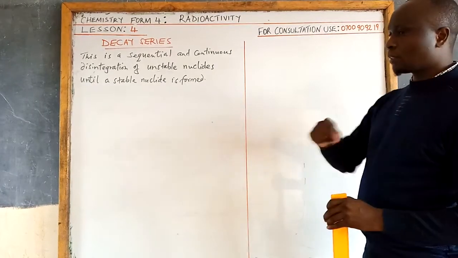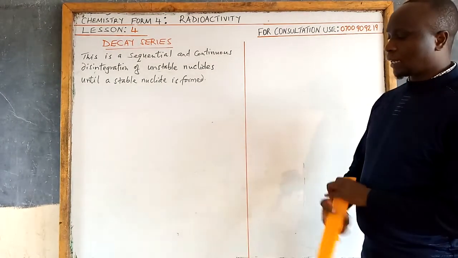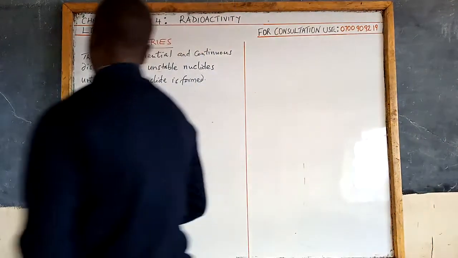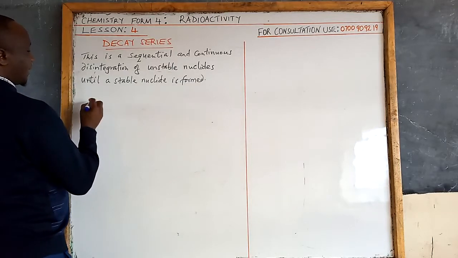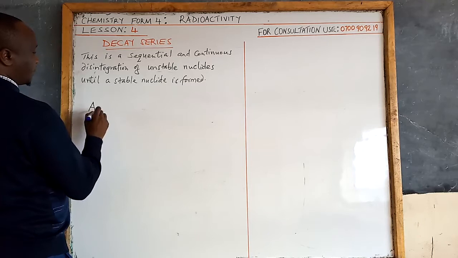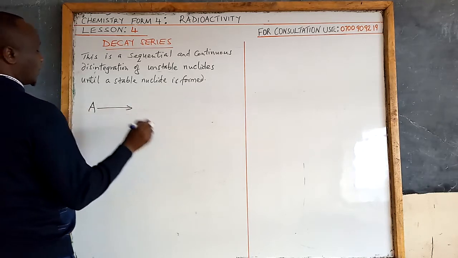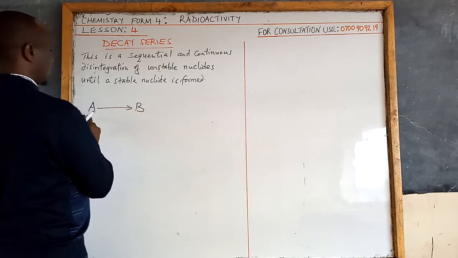It is a process that is continuous, as I illustrated in the previous introduction. For example, let's say we have an element A. If element A is unstable, then it will emit some particles and energy to form element B.